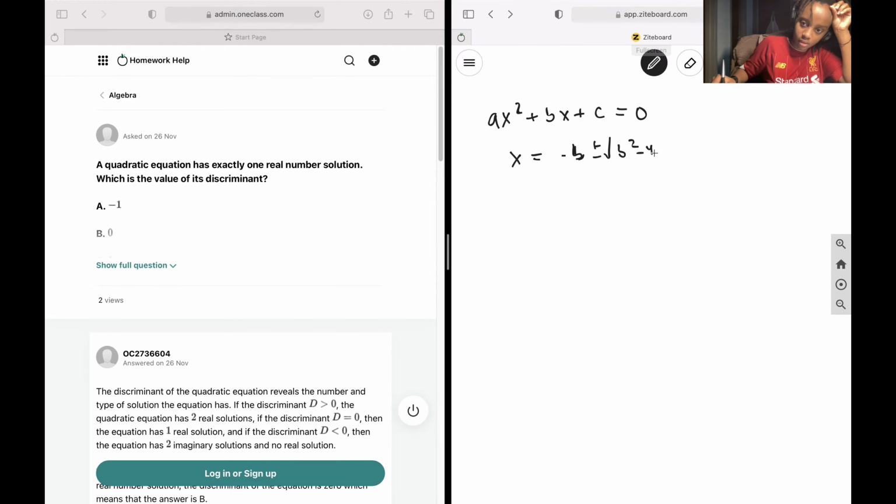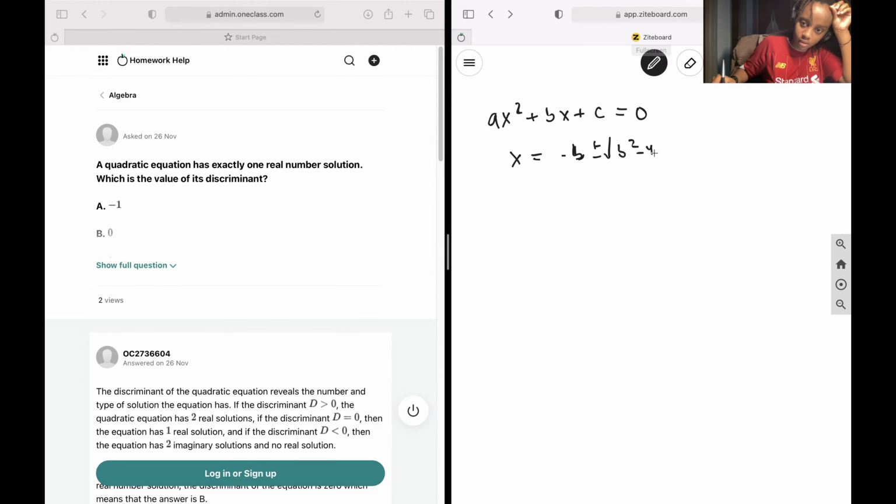Okay, so let's think of the different scenarios that we could have. So if d is equal to 0, that means that this plus or minus is no longer relevant because we'd only have one solution, and that would be negative b over 2a. So we know if d is equal to 0, we get one real solution.